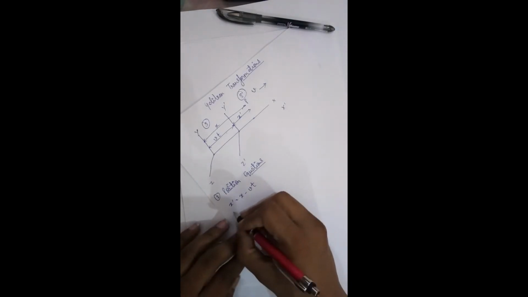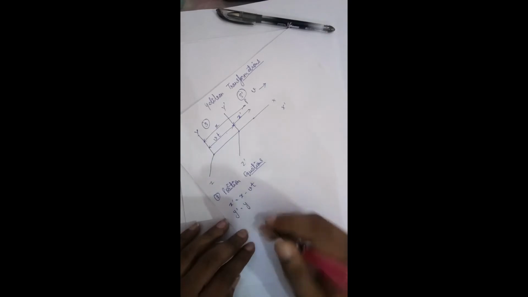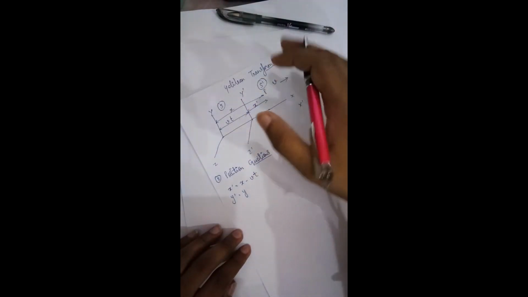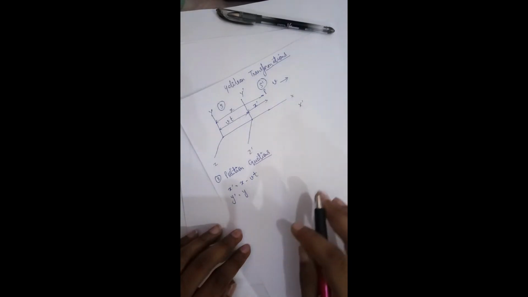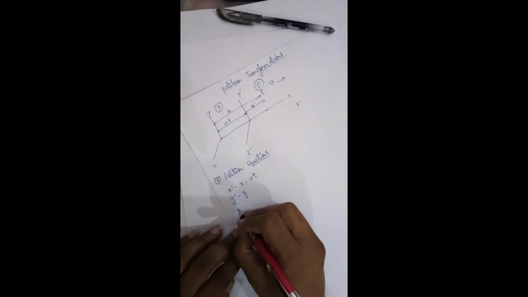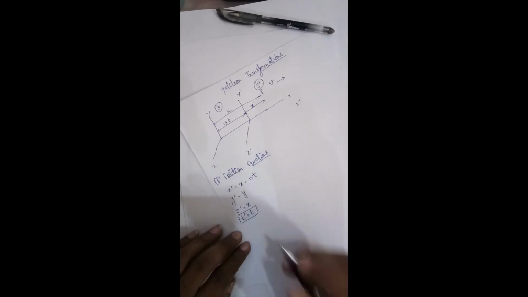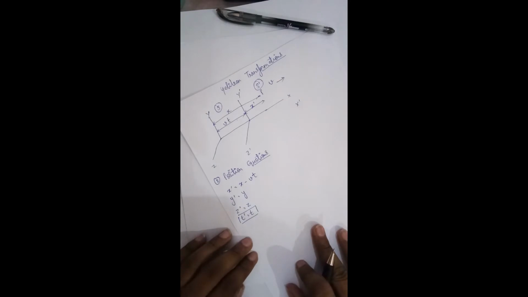And y dash equals y, because we are only considering all these situations and conditions in the x coordinate, and that's why y dash equals y, z dash equals z, and t dash equals t. Now this is a question: why t dash equals t?